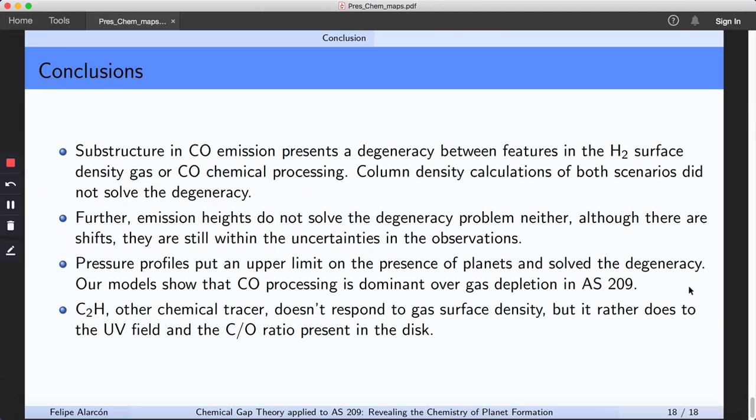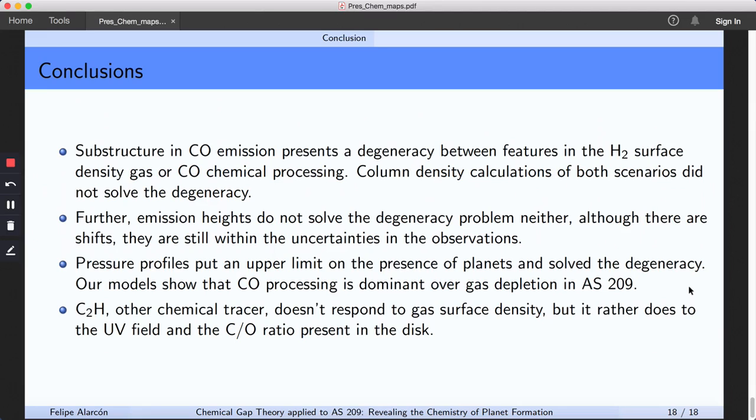But when we go to the pressure profiles, we were able to solve this problem, and we can say that CO processing is more important than a gas depletion in the disk. And also, because a gas gap would cause a dip in the pressure profile, we can put an upper limit on the presence of any planet in the disk, if we can model and know well enough the dynamics that is happening in AS 209.